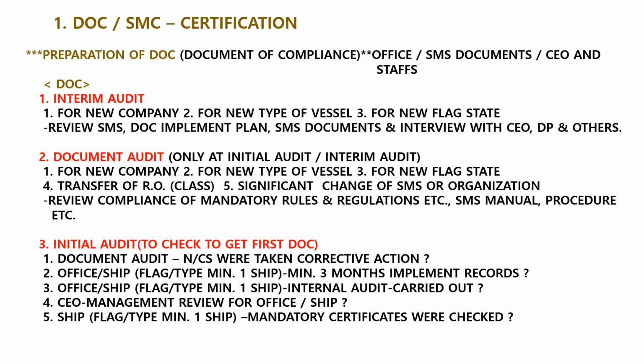3. Initial audit to check to get the first DOC. Number 1. Document audit. If there are nonconformities, the corrective action taken for these nonconformities should be checked. 2. Office and ship, flag type, minimum 1 ship, and minimum 3 months of implement record is necessary. 3.